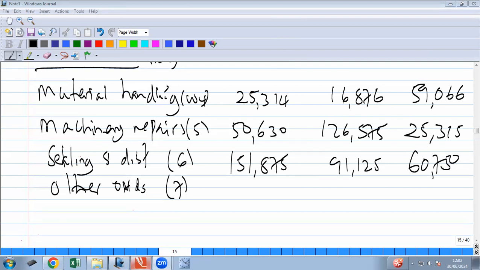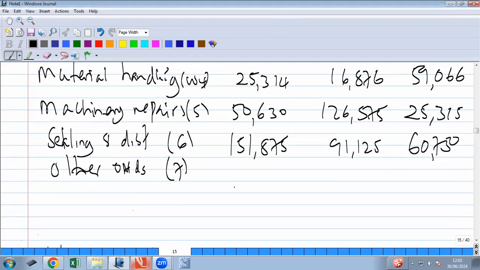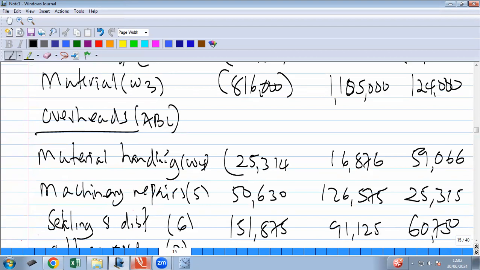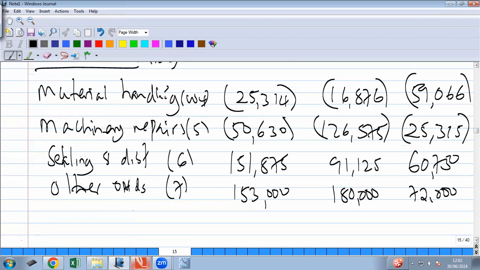So let's do overheads as well. 5,000. 72,000. Okay, guys, these are costs, so they should be in brackets because they have given us revenue. If they didn't give us revenue, then we would leave them the way they are.